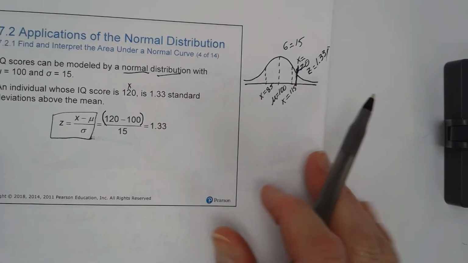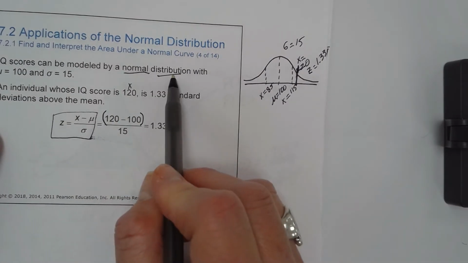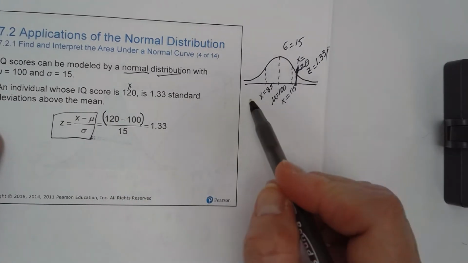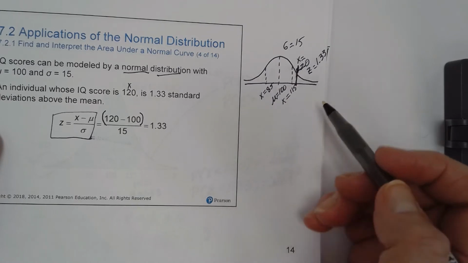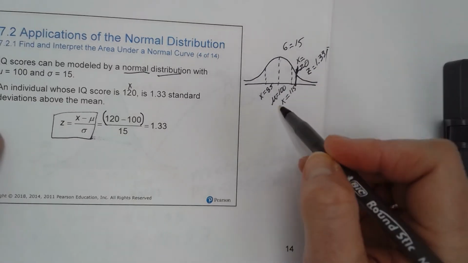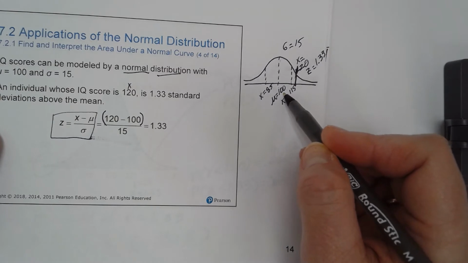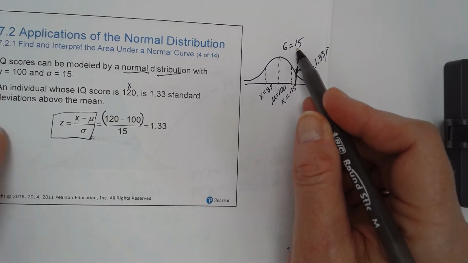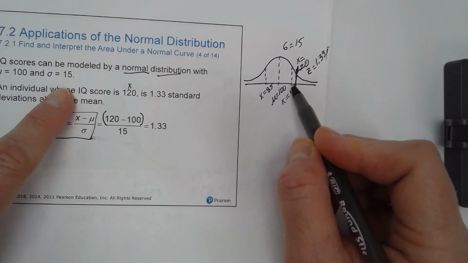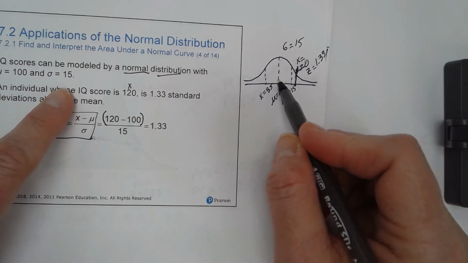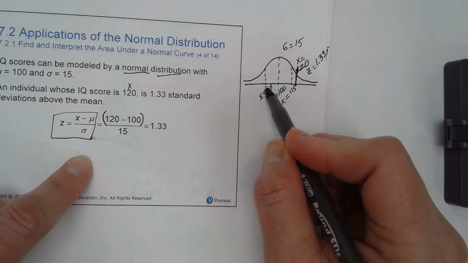As soon as I saw the words normal distribution, the first thing I do is draw a normal curve. Then in the middle, the mean is 100. The standard deviation is 15, so if I add 15, I get 115. If I subtract 15 from 100, I get 85.